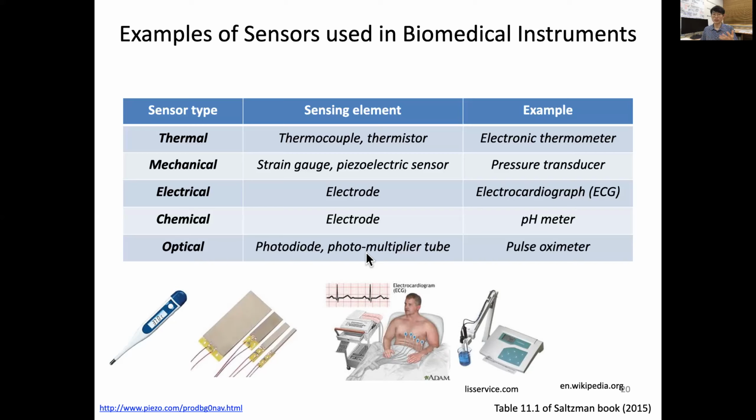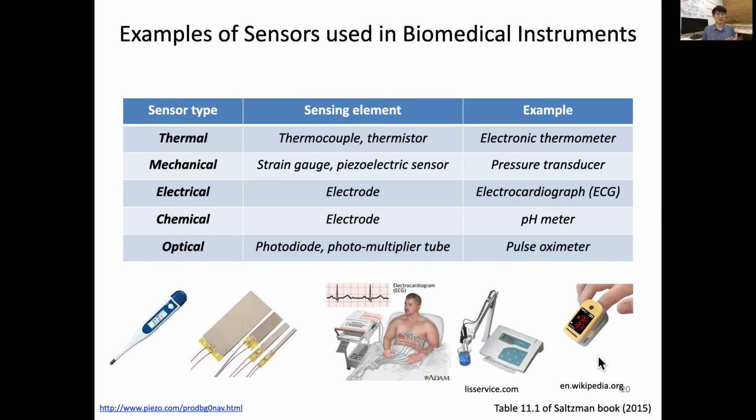We'll discuss more about this. And what are examples of optical sensors? One of the vital sign and important ones is the pulse oximeter. A pulse oximeter uses light transmitted through our biological tissue where there is a blood vessel, so that we can measure the oxygen saturation in the tissue.